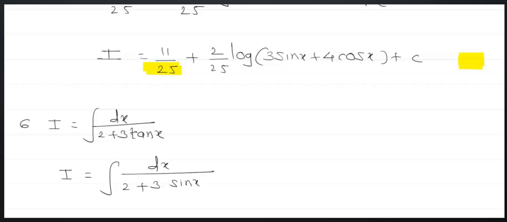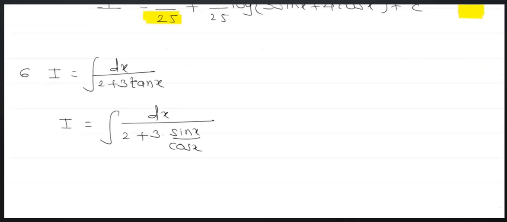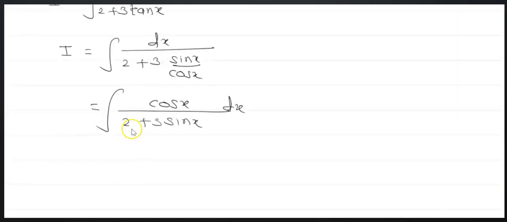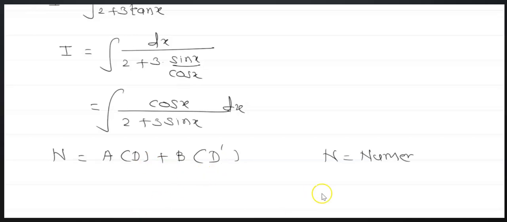That is 2 plus 3 sin x upon cos x. If you simplify it, then you will get integral cos x upon 2 plus 3 sin x dx. Here n is the numerator and d is the denominator.